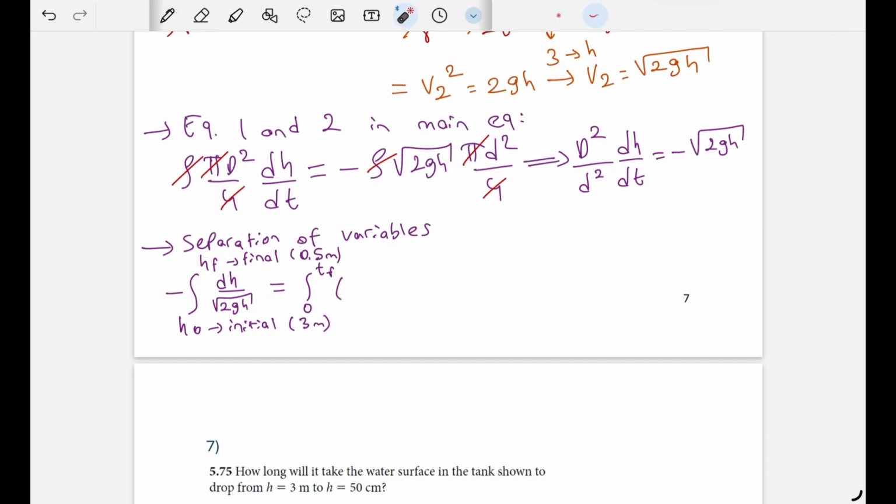This time we are moving this to the right side, and we can say it is small d over capital D dt.